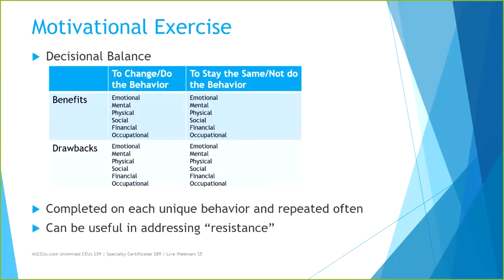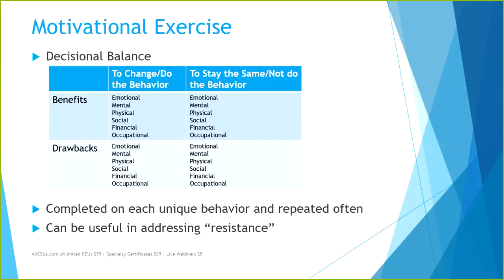We've talked about decisional balance exercises. They're good always. We want to talk about the benefits of changing the behavior, the drawbacks to changing the behavior, the benefits to staying the same, just not doing anything, and the drawbacks to staying the same.